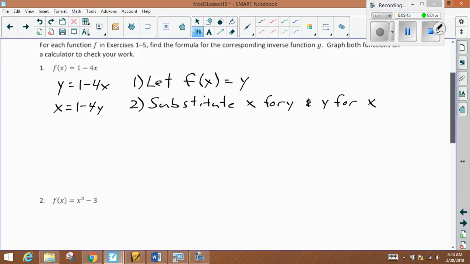You could also say let x equal y. So that's done. Step 3, let's go ahead and solve for y.